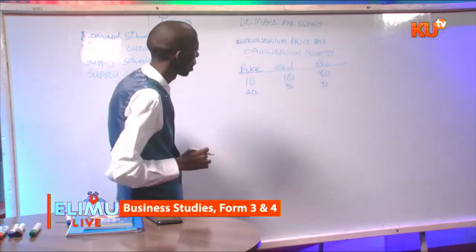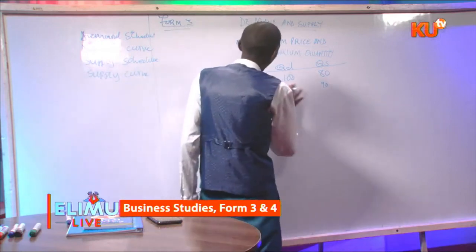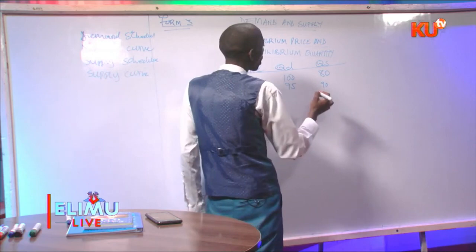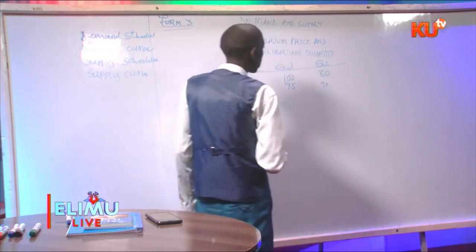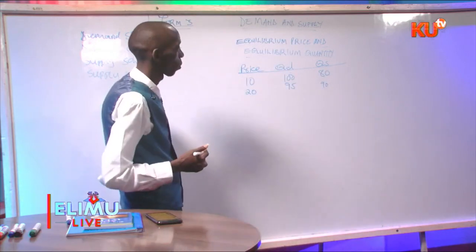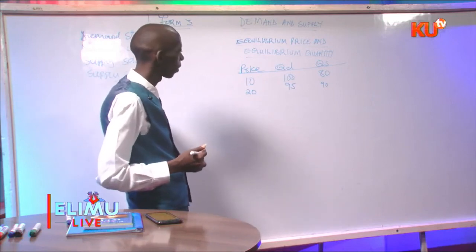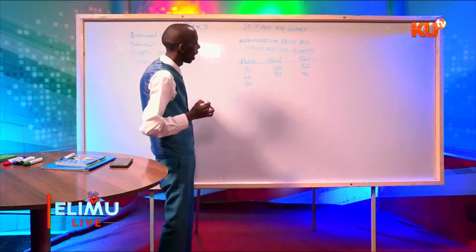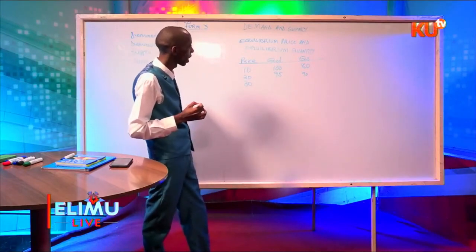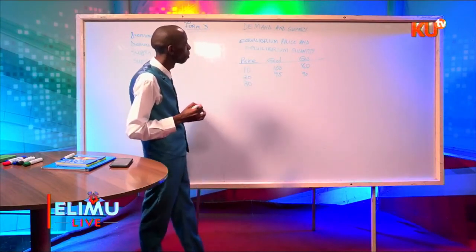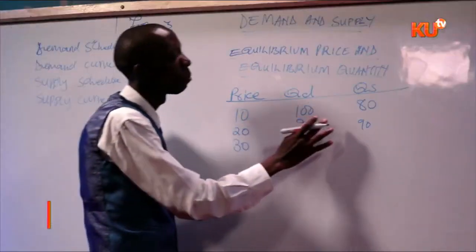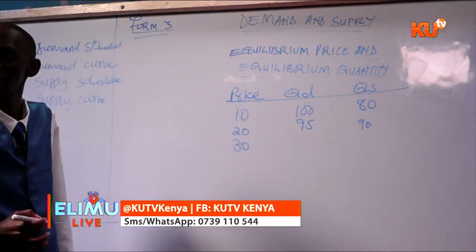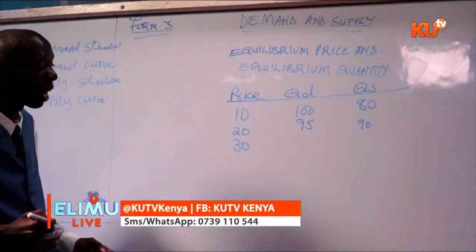Let's say the quantity demanded will decrease to 95, and the quantity supplied will increase to 85. At price 30 shillings, what will happen? Remember, as we increase the price, the quantity demanded decreases.